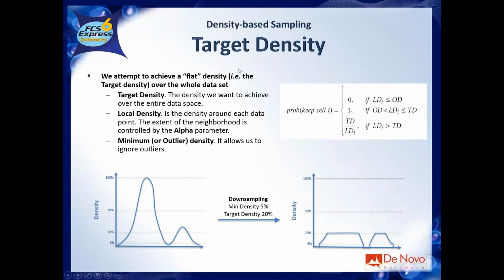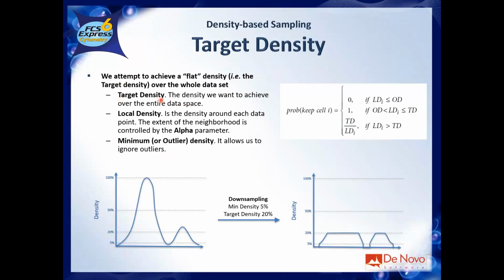Target density, also called density dependent downsampling, is the one that is used by SPADE, for example. The idea at the basis of this is that we want to achieve a flat density over the whole data set. There are three concepts that are useful to understand this method.